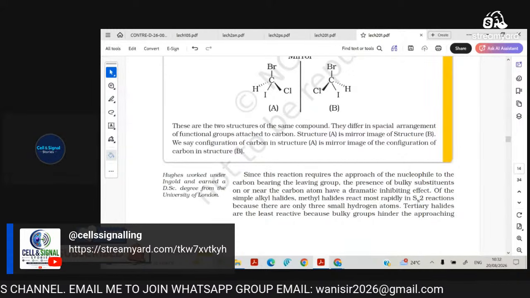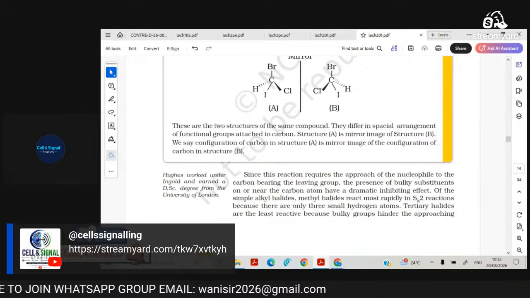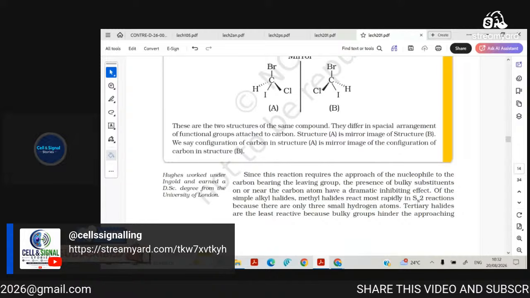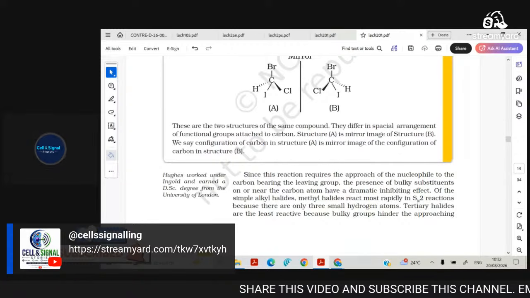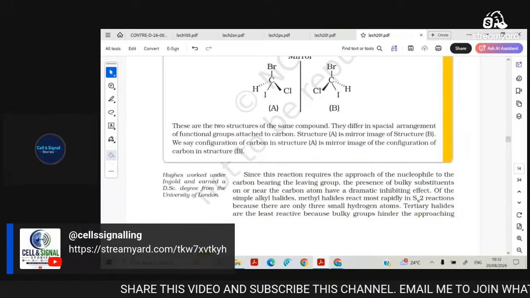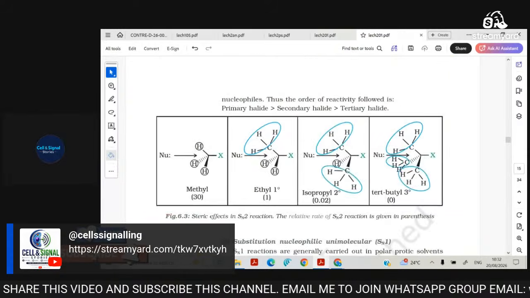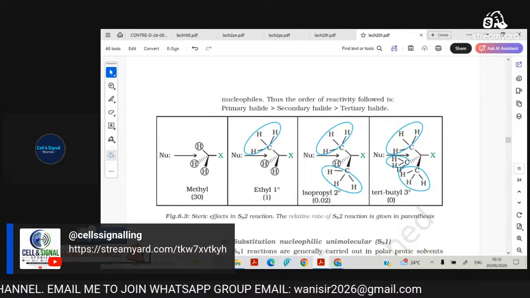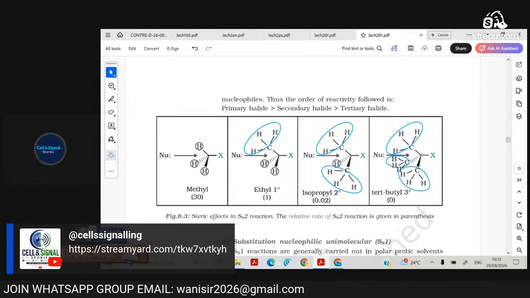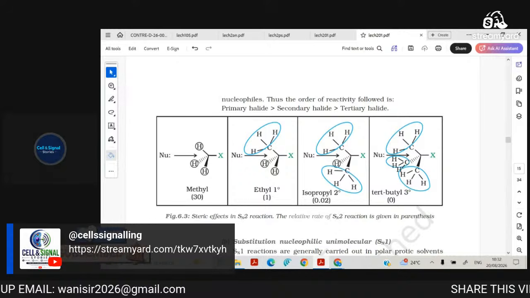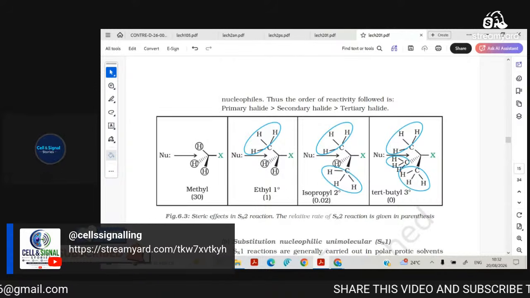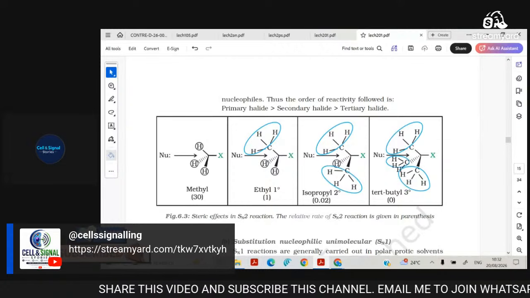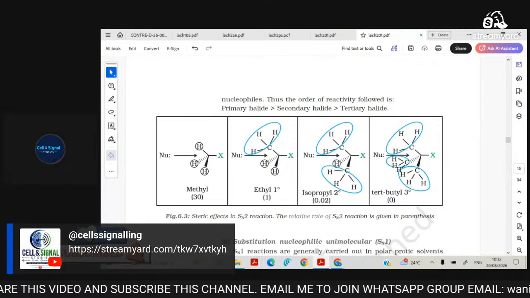For methyl halide, the SN2 reaction is mostly rapid, because there are only small hydrogen atoms, and the tertiary halides are least reactive because the bulky groups hinder the approach. If other bulky groups are attached, for example a tertiary butyl group or an isopropyl group, it is harder; with a methyl group it is very easy. SN2 shows a higher order of reactivity with the primary halides, then the secondary, then the tertiary.